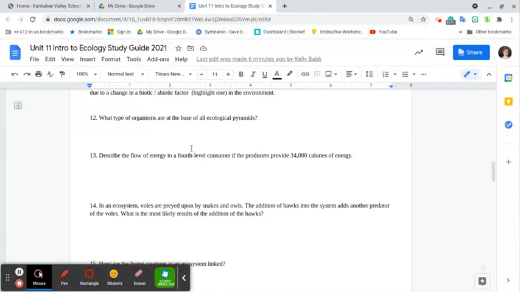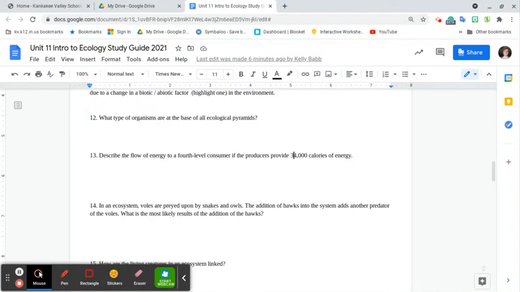13 says, a 4th level consumer, if the producers provide 34,000 calories of energy. Well, if I go here, the first level consumer gets 3,400. The second level consumer gets 340. The third level consumer gets 34.